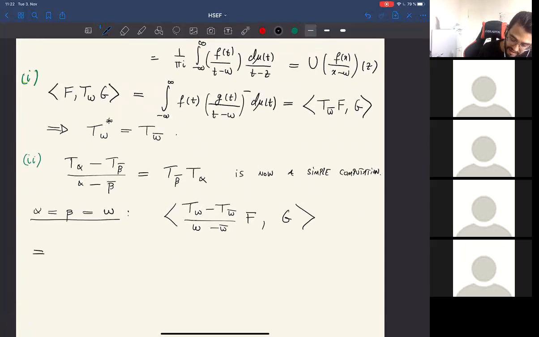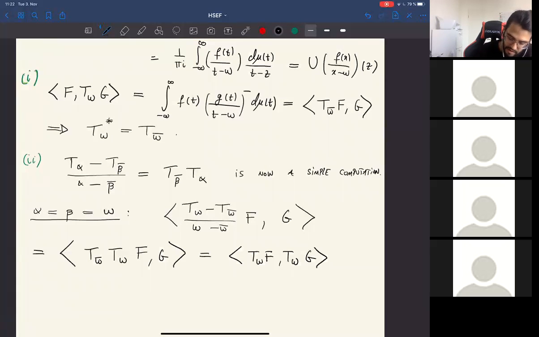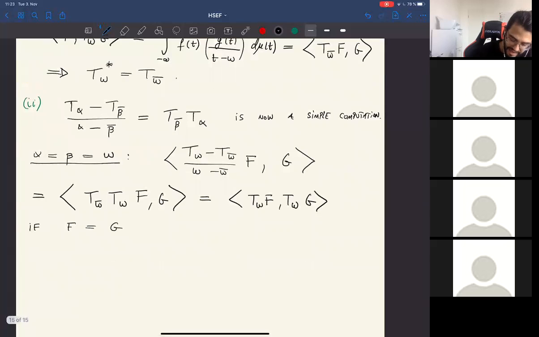But we do know that this equals, by the identity we just showed, TW bar TW, F G. Okay, but then I move the TW to G, because I know the TW bar is just TW adjoint. So this is just TW F, TW G. Okay, then if F equals G, then you get an identity.